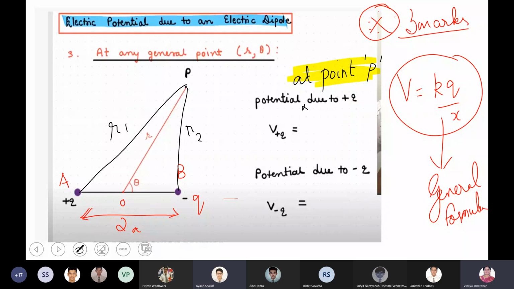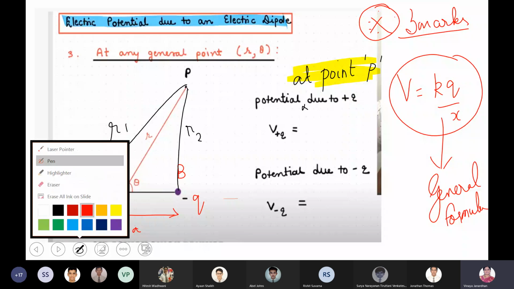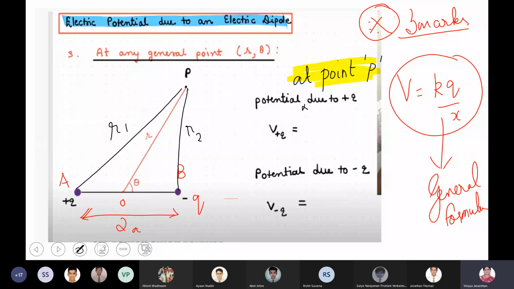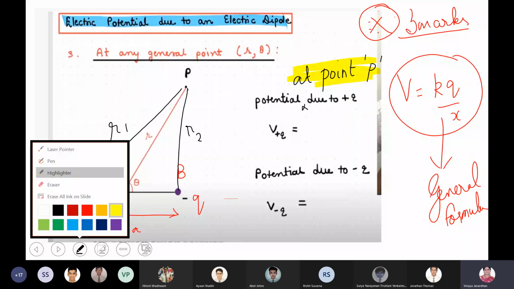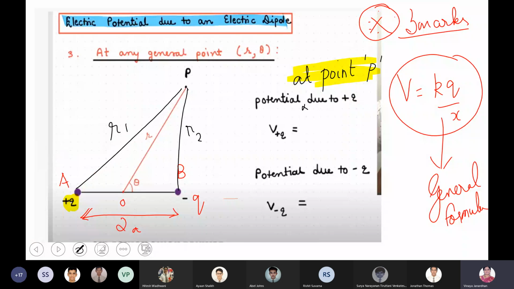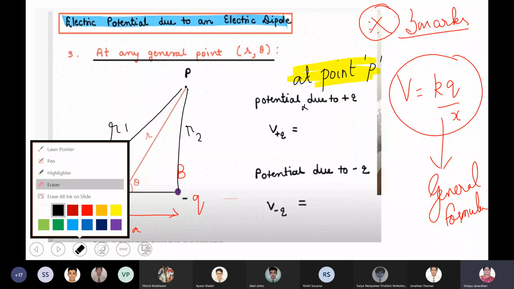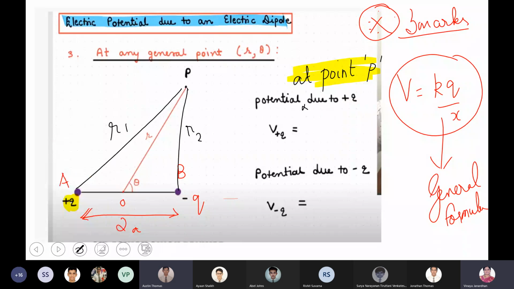Fine. Now, what will be the potential at point P due to the charge? What should I write here, boys? Austin, what should I write here? K Q divided by x.